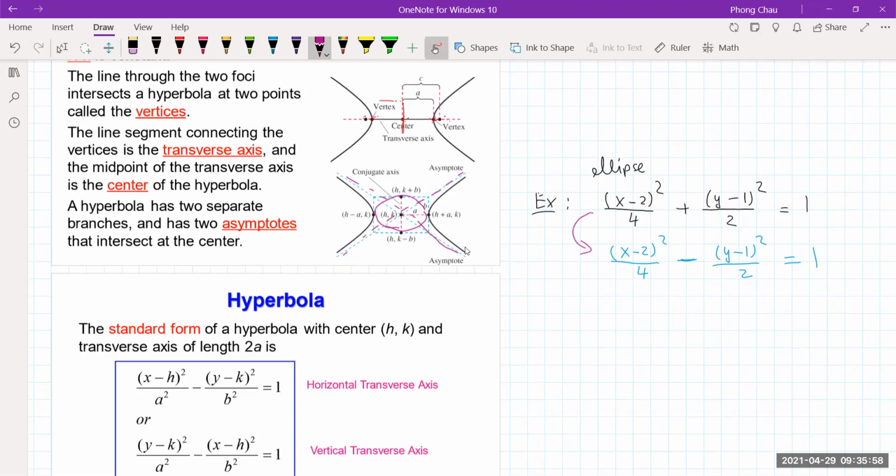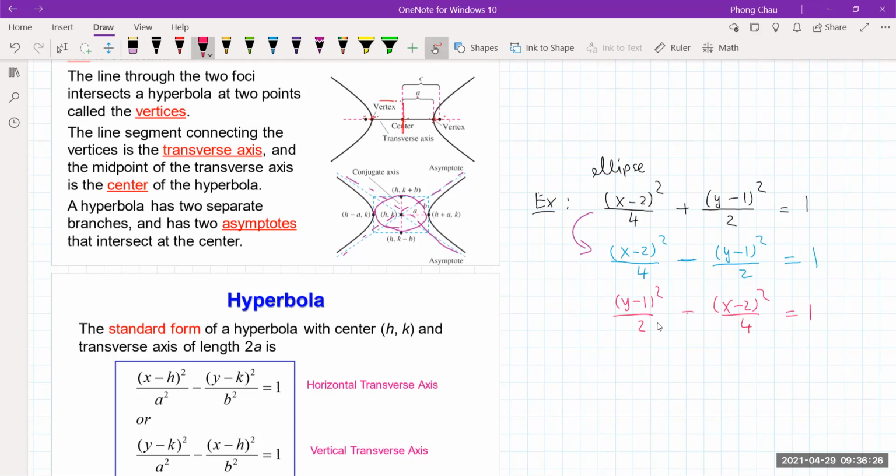All right. And if you swap the two, so that is, if you swap the sign, you're going to have (y minus 1) squared over 2 coming first, minus (x minus 2) squared over 4 equals 1. Then we're going to use the very same rectangle there.